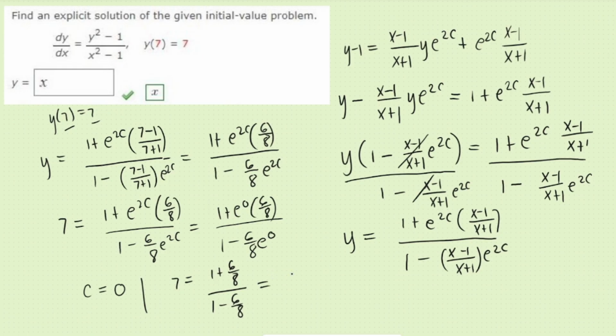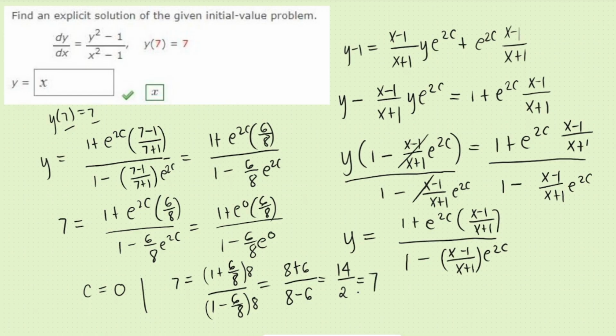We'll have to multiply by 8 here, here, and here. So 8 times 1 is 8, plus 8 times 6 over 8 is 6, all over 8 times 1 is 8, minus 8 times 6 over 8 is 6. So we have 8 plus 6 is 14, and 8 minus 6 is 2.